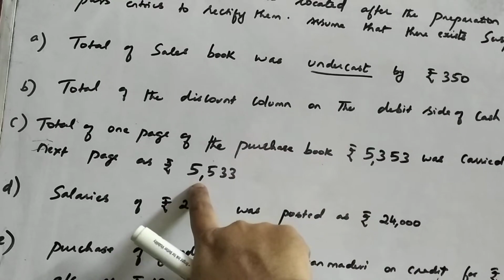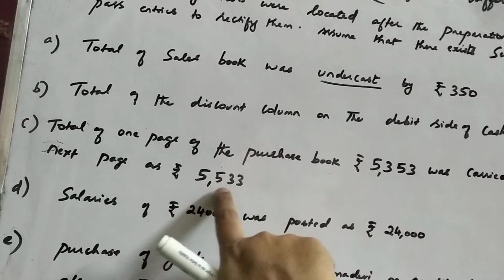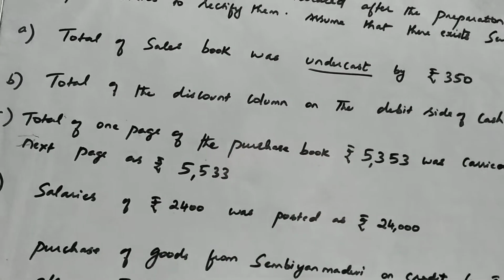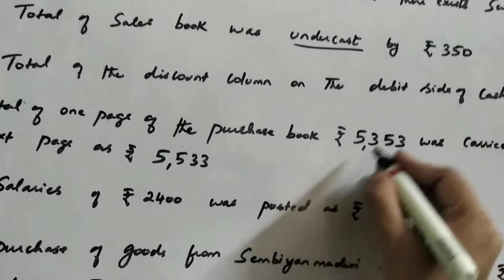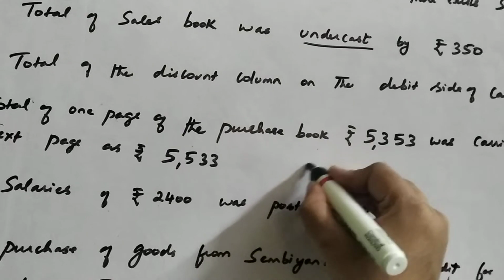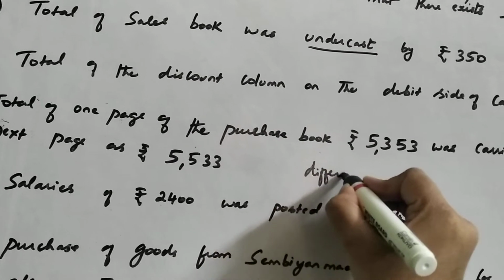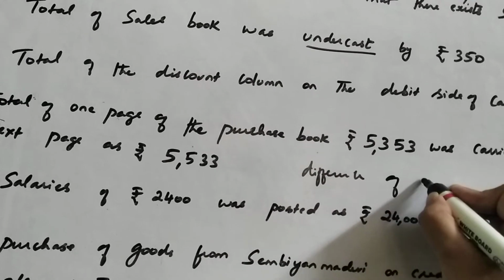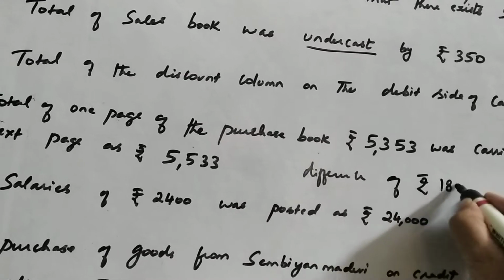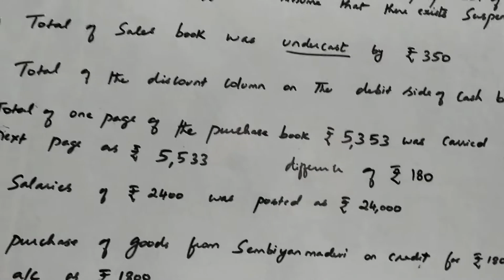So they have written it as 5,533. So what is the difference? You will be getting a difference of 180. This 180 is an excess.